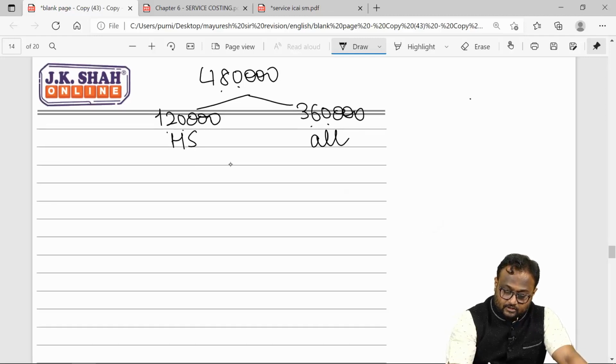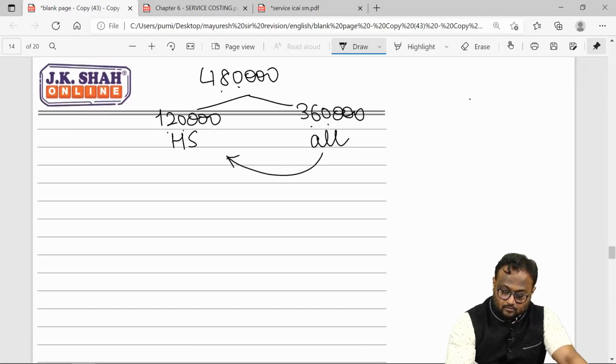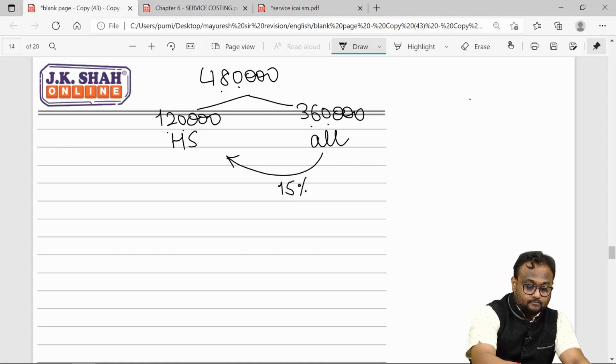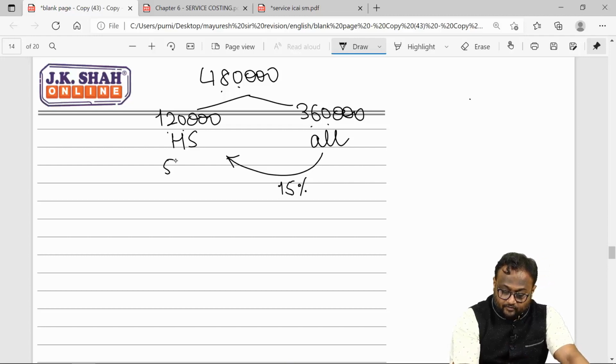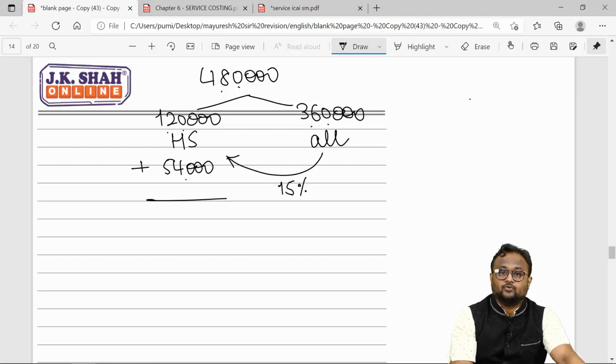15% of this is 54,000. 15% of this, 54,000, is also charged to higher secondary. That's what the question says.